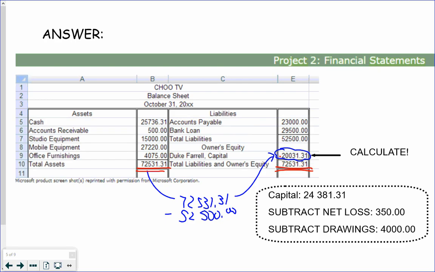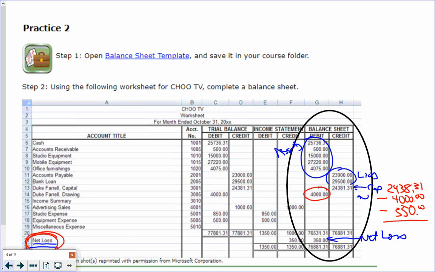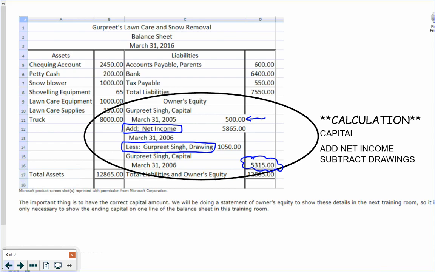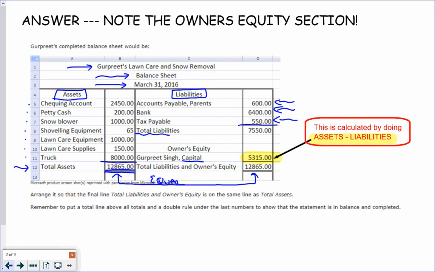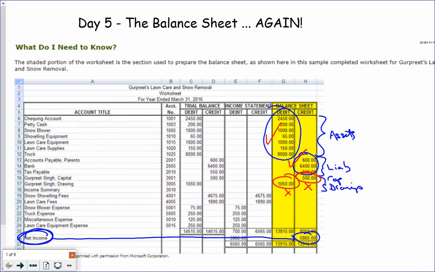This number right here is not that one right there. So you cannot just copy it off of the worksheet. You have to calculate it. So just as a reminder, option number one for calculating is just to go assets minus liabilities. That's option number one. Option number two is to take your capital minus your drawings, and then in this case you would add your net income.